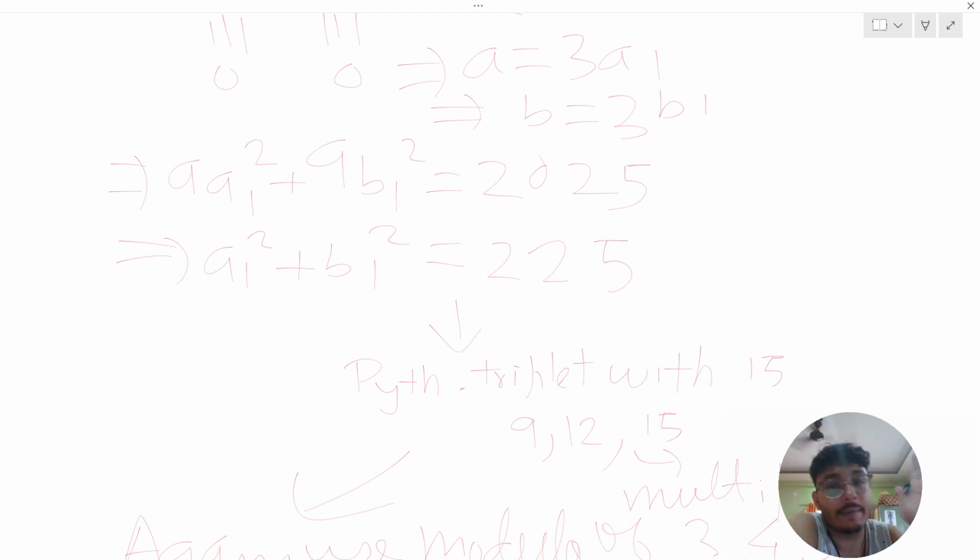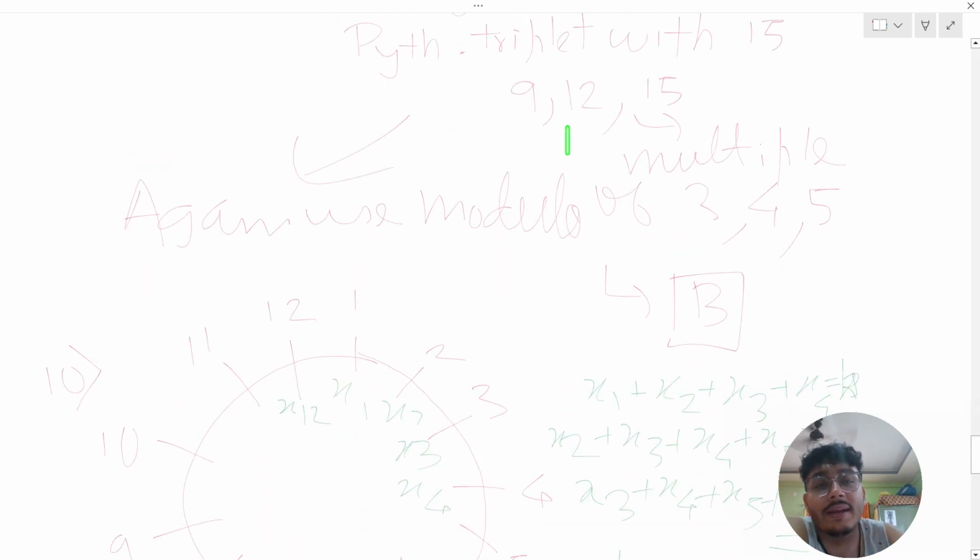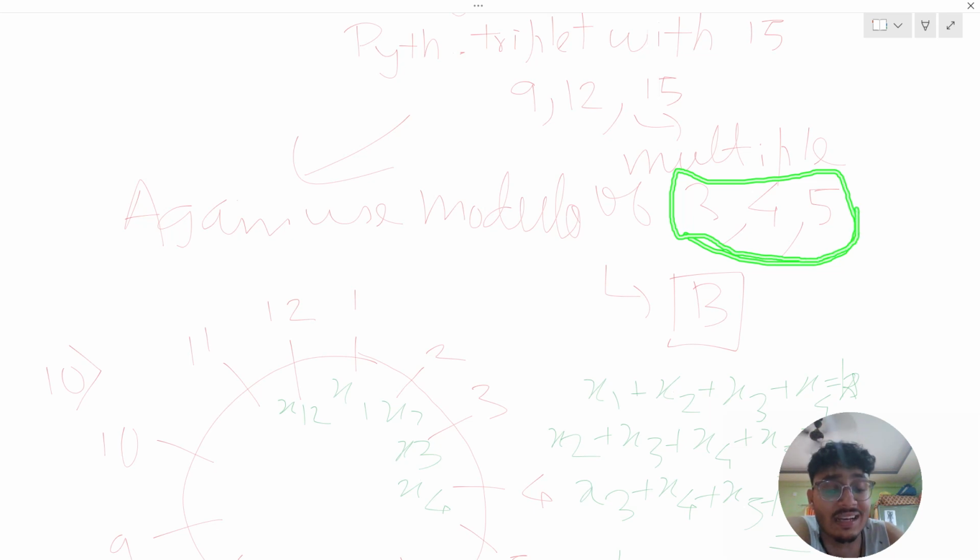Now following the same rule, 225 is congruent to 0 mod 3, then a1 square and b1 square individually must be congruent to 0 mod 3. Then a1 must again be a multiple of 3 and b1 must again be a multiple of 3. If you do it like this, you finally come to a point where 3, 4, 5 becomes my basic Pythagorean triplet.